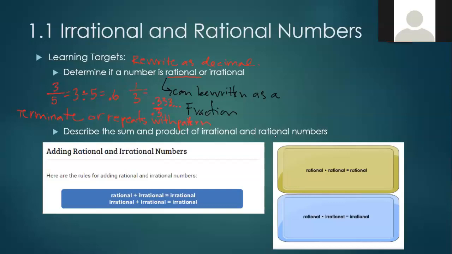So let's look at irrational numbers. Irrational numbers cannot be written as a fraction ever. You are able to come up with fractions that will give you close decimal equivalents to an irrational number, but you won't ever be able to come up with a perfect fraction that will result.